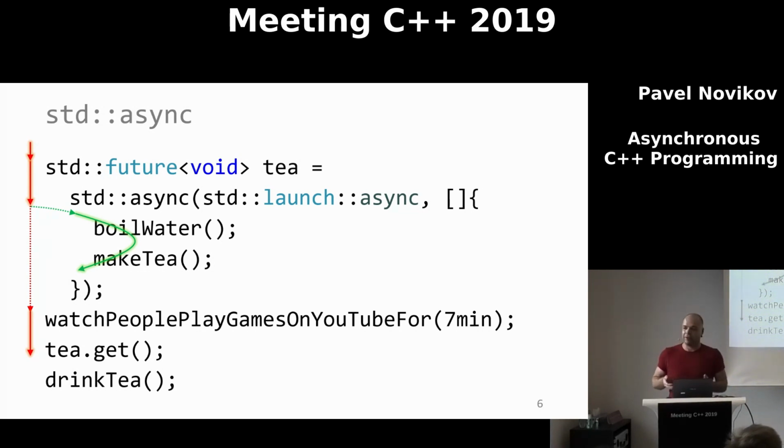Again, we can watch an educational video. And then we actually want to get the tea, and the call to get blocks if the asynchronous task is not yet ready. In parallel to that, we launched our task with the launch::async parameter, and it runs in parallel. And when it is ready, our call to get is unblocked, and we can get the result. And then we can drink our tea.